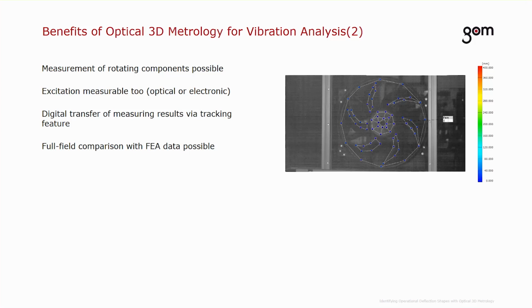We can pass on our measuring results via a digital interface over Ethernet connections with our tracking feature. And another big point for our solution is that you can compare your measured operating deflection shapes with your simulated data in a full field way.